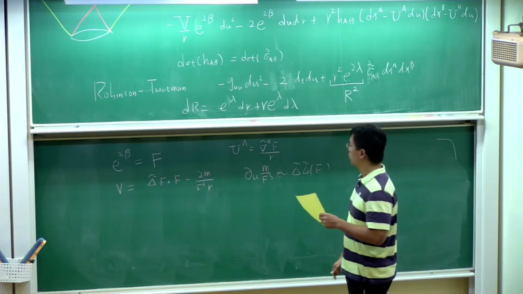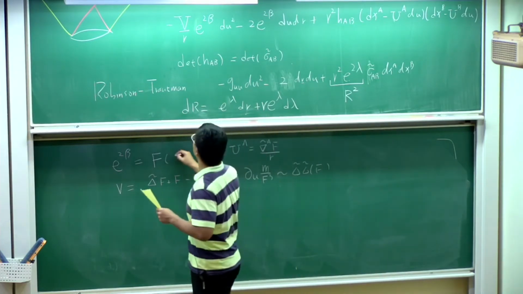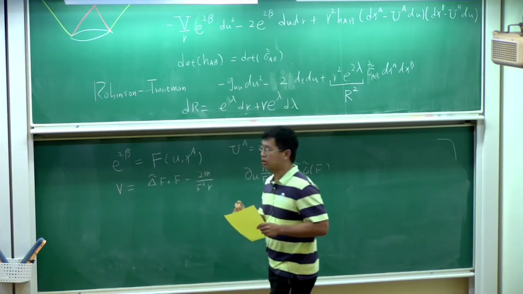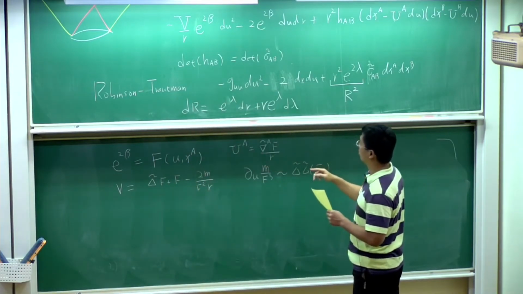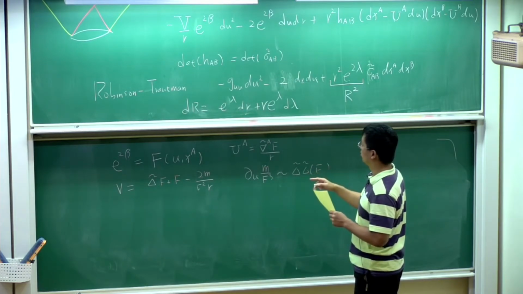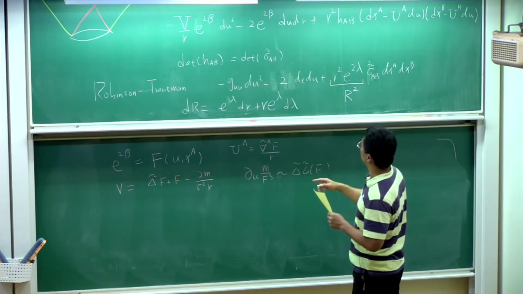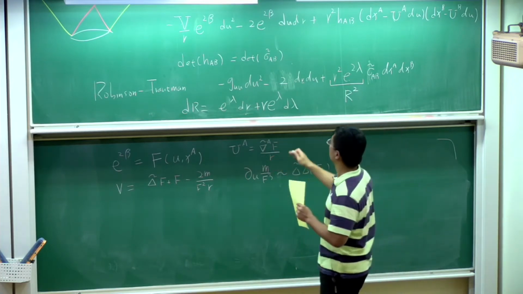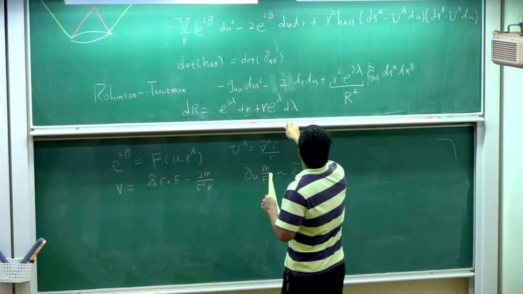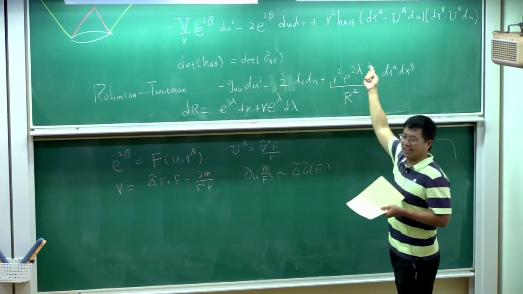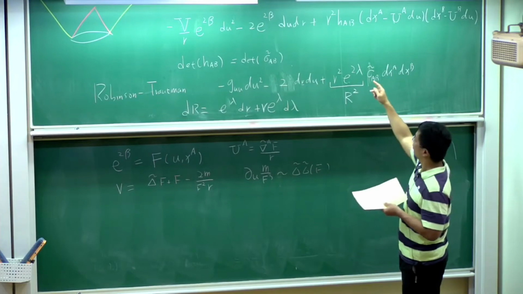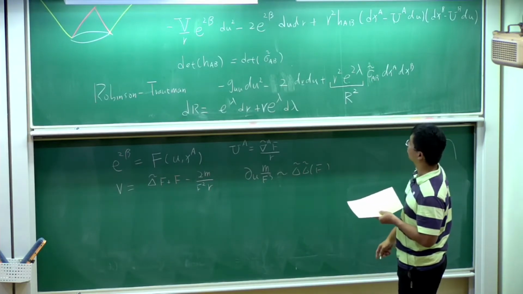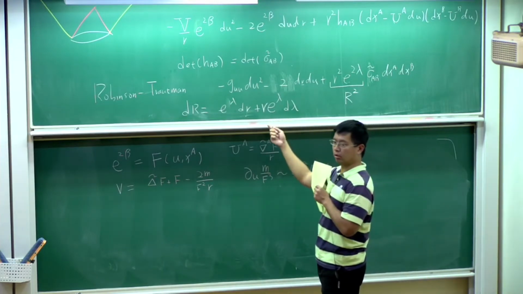Capital... This is a function depending on what my coordinate is, u and... You actually know how to write it in terms of lambda, right? Right, but I'm writing everything in terms of this function. It is e to the lambda. Huh? It is e to the... The cross term is e to the lambda, I think, or e to the minus lambda.